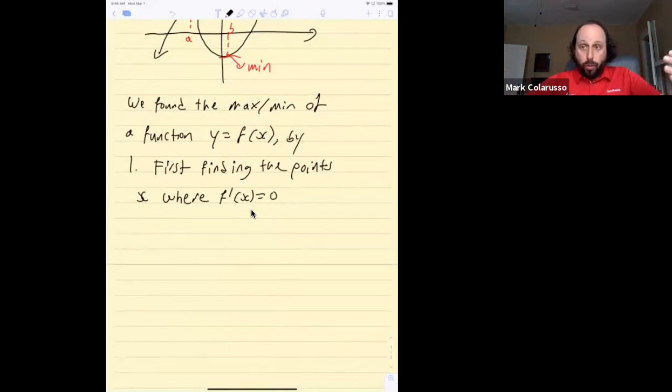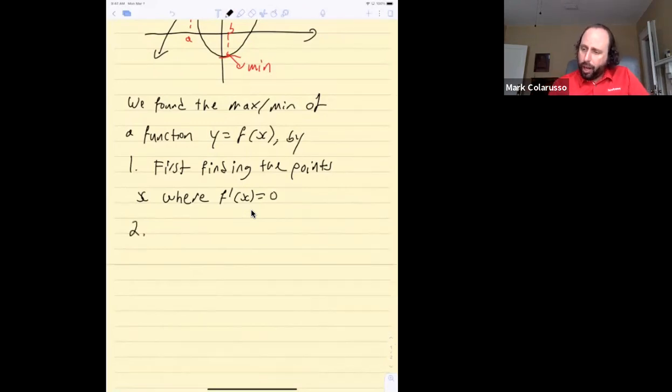So to determine out of these points which ones were min and max, we had 2 tests: the first derivative test and the second derivative test. I won't go through exactly what they were again, but you can go back and look if you forgot. Either of them can apply here, so just pick the one you like the most.